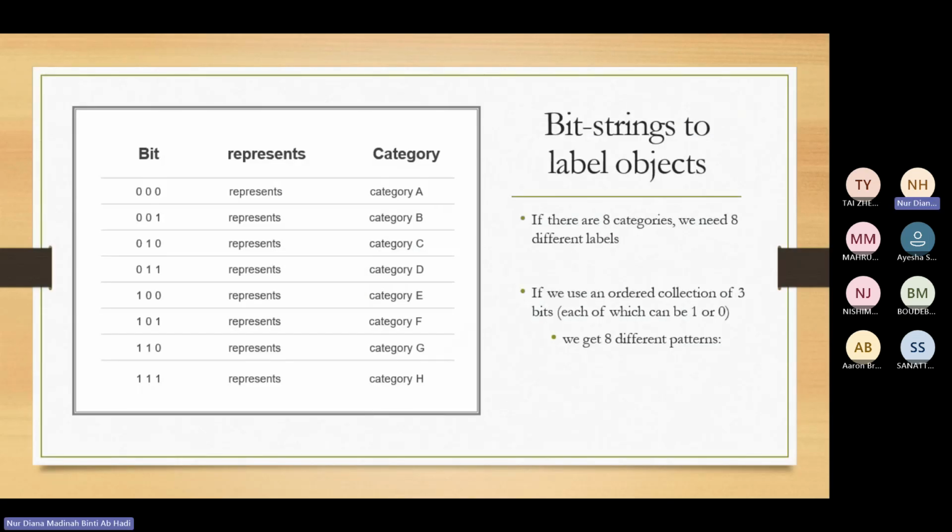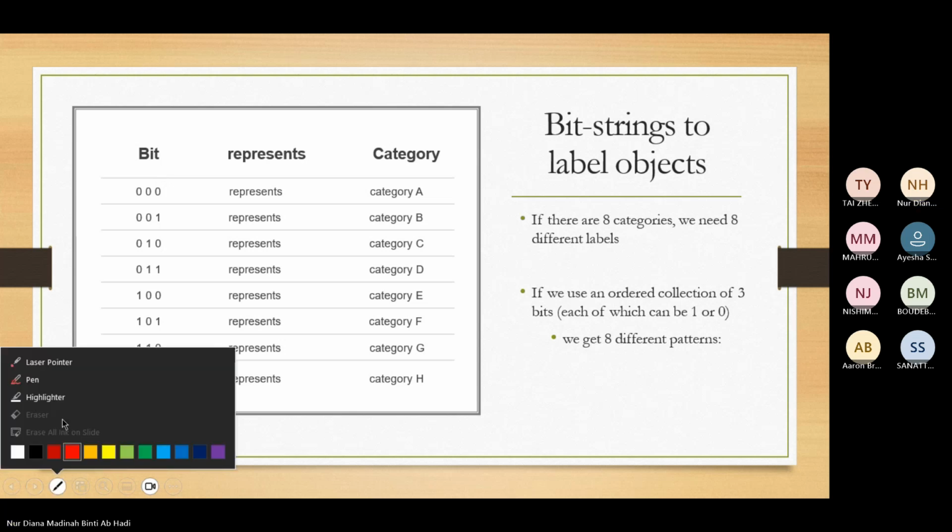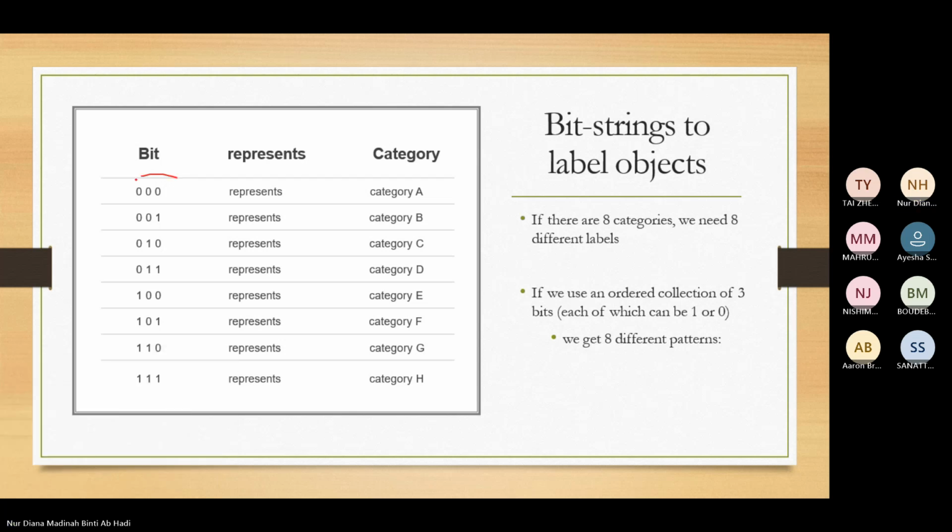Just now we had on and off. When we use the bit string to label the object, 0 is considered off and 1 is considered on. When you convert them into a bit string, it looks like this. The first column is 0, 1, 0, 1, 0, 1, 0, 1.